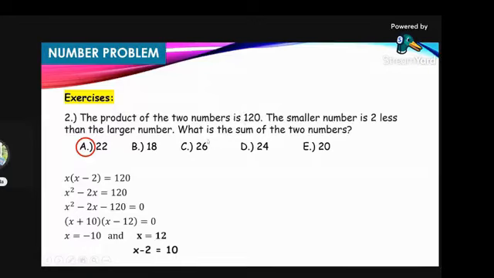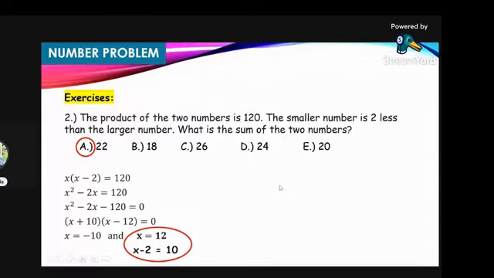But the question is, what is the sum of the two integers? We add 12 plus 10, that is equal to 22. So the answer is 22, the sum of the two numbers.